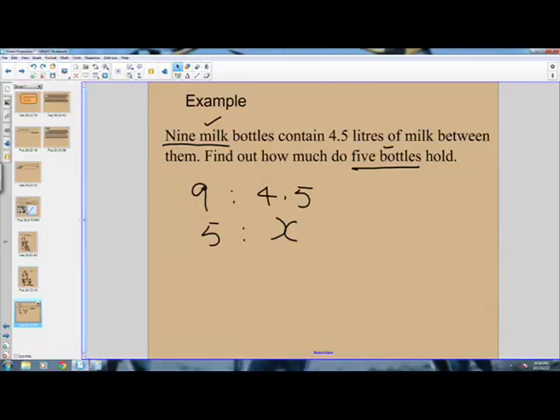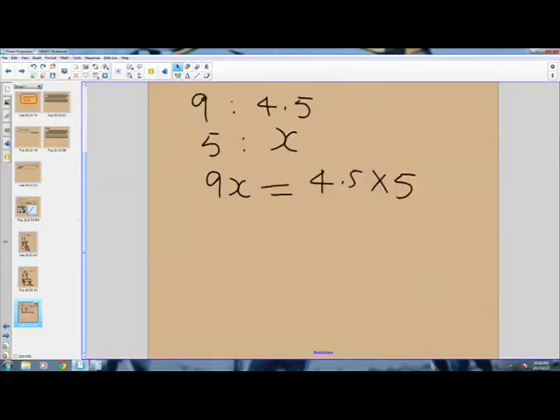We will multiply 9 times x. 9 times x gives us 9x. Then this will be equal to 4.5 times 5. And then to find the value of x, you will divide both sides by 9.